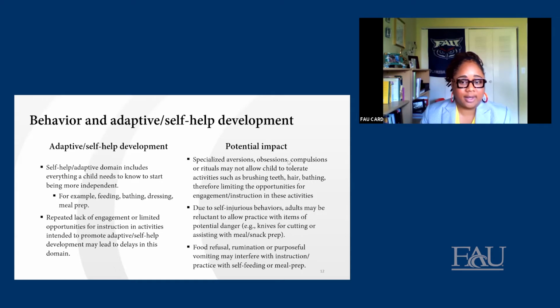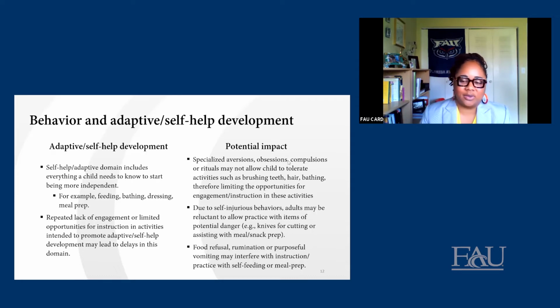Some children exhibit what we call self-injurious behaviors, and adults may be reluctant to allow practice with items that are involved in self-help: using a fork, using a knife, cutting, or assisting with meal prep, which are activities that we suggest all the time to promote self-help adaptive skill development.